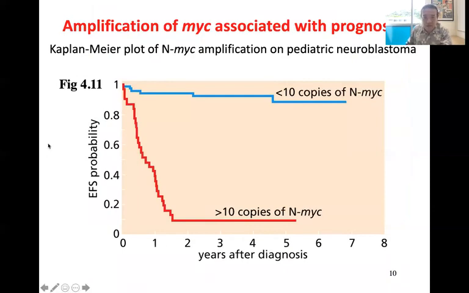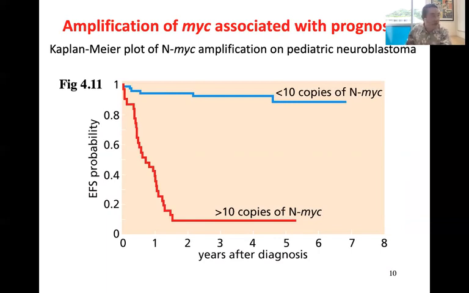So just to show how important Myc is, here's another Kaplan-Meier plot, right? Remember, Kaplan-Meier plots are these clinical data sets that are a nice way of showing how following a group of patients from a starting point to an end point, whatever that end point is that you decide to call the end point, you can follow two maybe closely related groups of patients who differ by some kind of diagnostic variable, right, or prognostic variable.